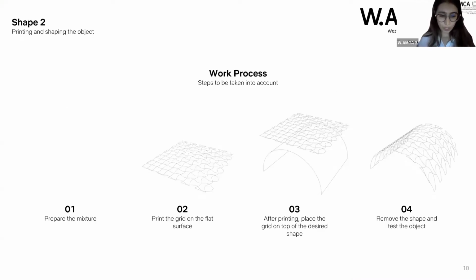So in order to test the printability of the objects, I made a second test that consisted of printing an irregular wavy grid with 4 overlapping layers. I test the printability, the viscosity of the material, and the shrinkage of the material.